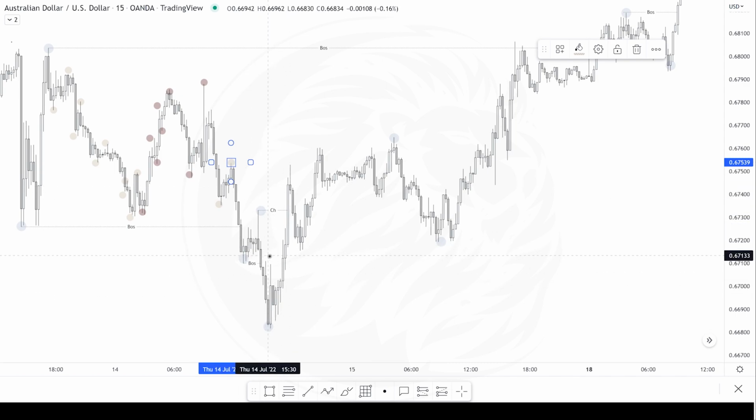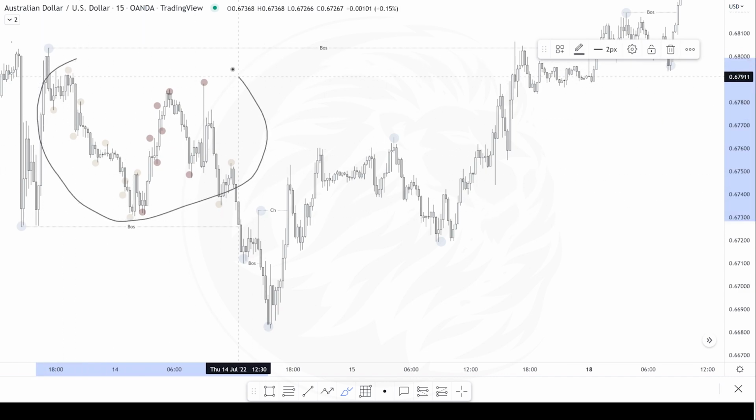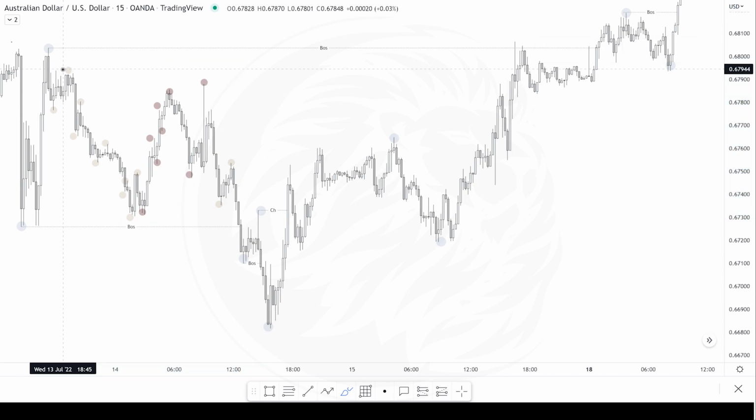Here there is no need to mark clearly the internal structure. When you have a leg like that, clearly this is not something needed, and you will see that with time you will not need to mark this internal structure. But here we are here to learn, and I think it's really good to understand, because if I only explained the swing structure, you would never understand what's behind the price, and you would get lost when I'm not here to answer the question, and it would take much more time for you to understand.